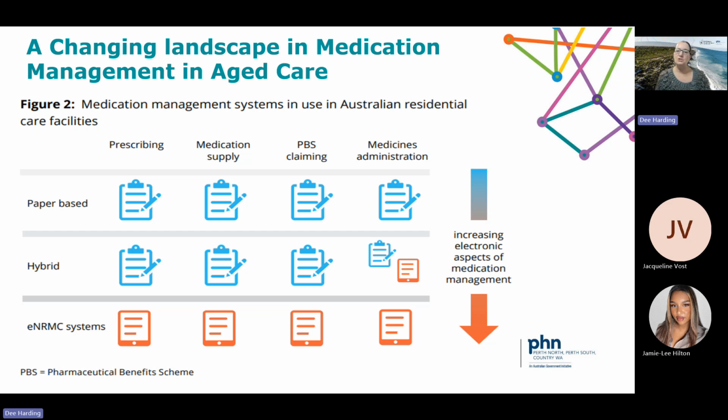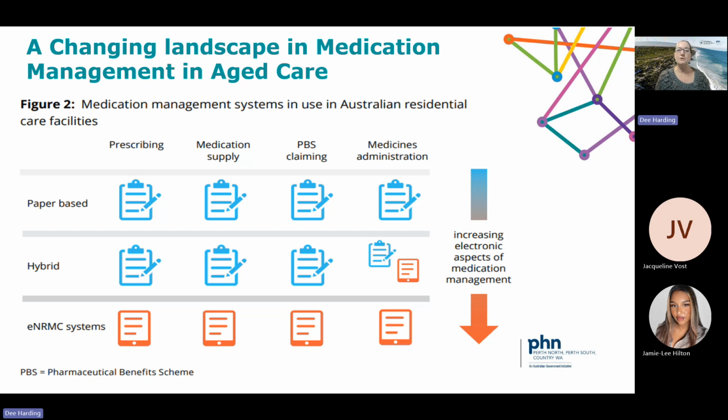Another paper-based medication chart could be used, which must be supported by separate prescriptions for prescribing, supplying, and PBS, repatriation benefit scheme, or claiming purposes. And they're the only scenarios for the paper-based.